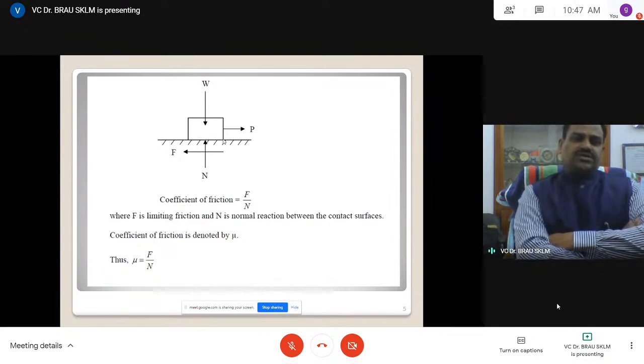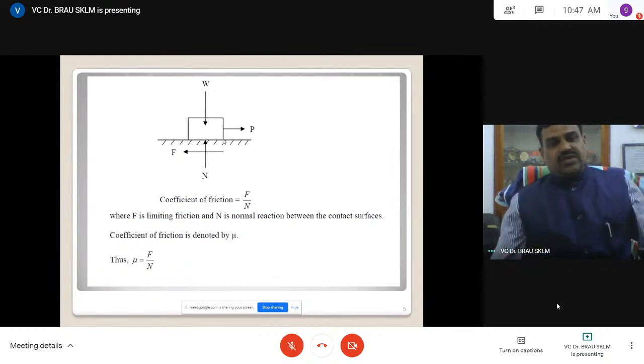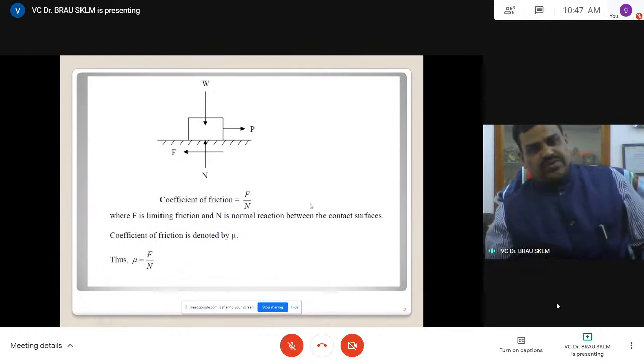There are so many notations, but whatever they may be, it is a ratio of the tangential force between the two surfaces, the resisting force, divided by the normal reaction. You can define the notation, but most people represent the coefficient of friction as mu, either in straight form or in italic.